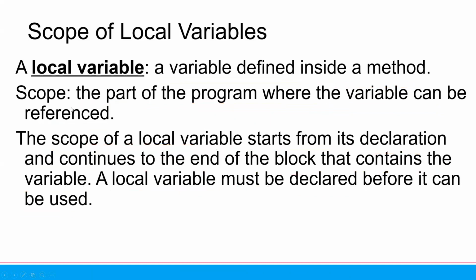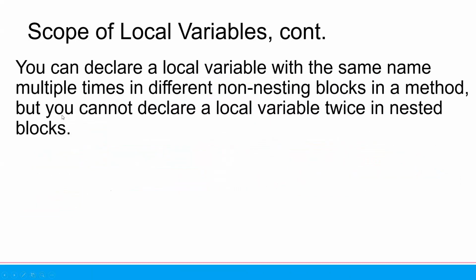So let's see. You can declare a local variable with the same name. So if you have the same name for variables, you can do that. You can use it multiple times in different non-nesting blocks in a method.